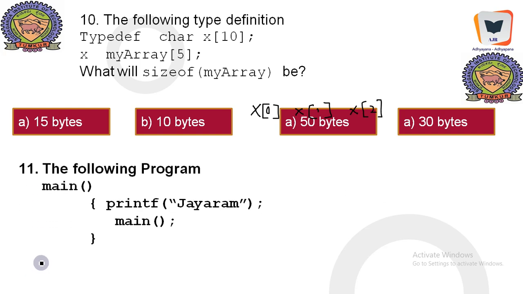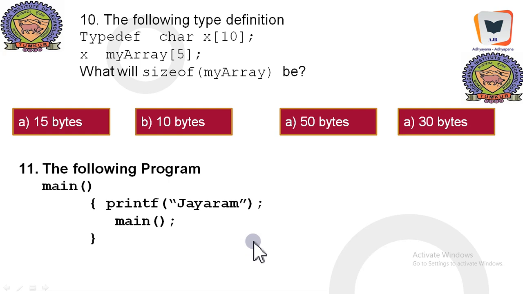Yeah. The following program: printf("Jayaram"); main(). So control will be taken by main from the operating system. Jayaram will be printed. Once again main will be called recursively again and again.